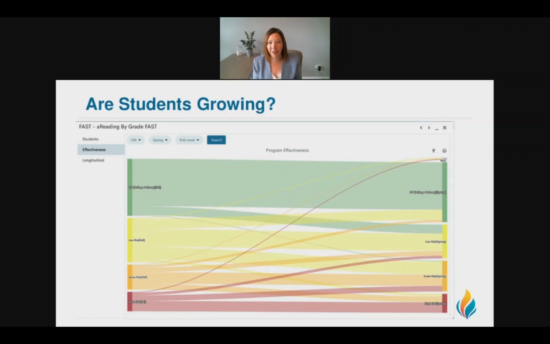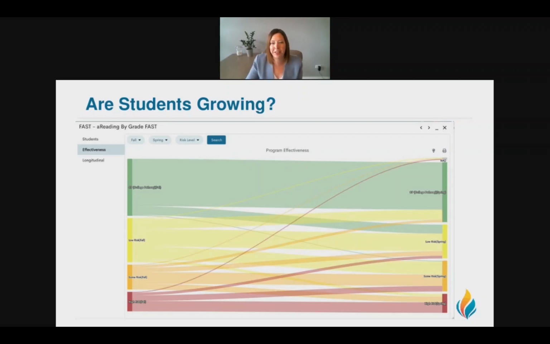I expect all of my students who begin the year on track to grow enough to end the year on track. So when we have the opportunity to look at our data from benchmark to benchmark, we can look to see what percent of students who started the year on track grew enough to stay on track. And we would expect our universal tier to support that.